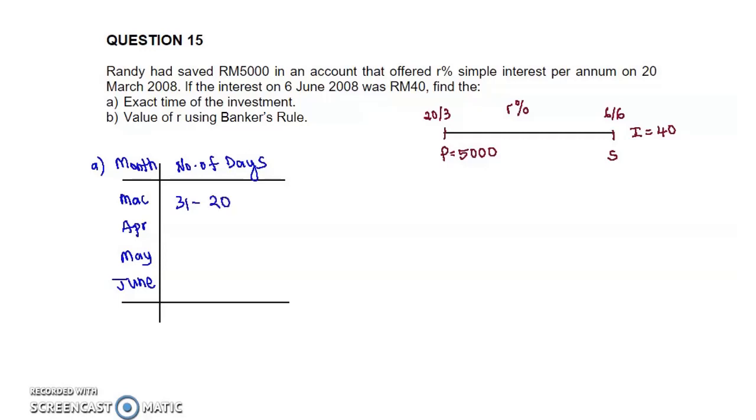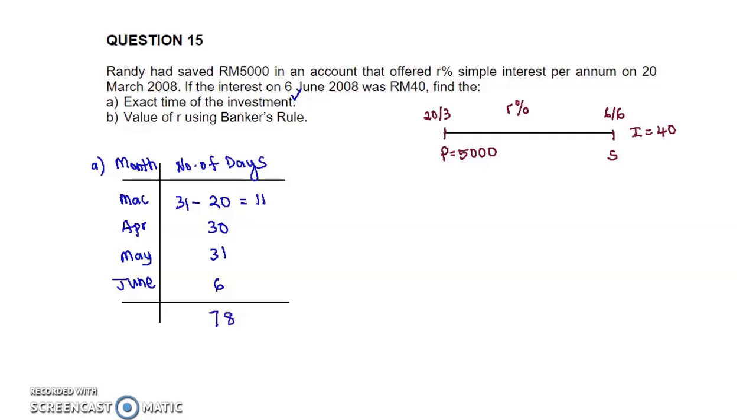Date given is on 20th. So balance number of days in March is another 11 days. So April, we know that there is 30 days in April, May 31, and June 6 days only. So if we total up here, total number of days will be equal to 78.